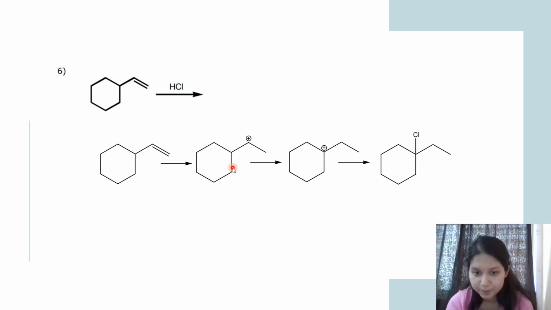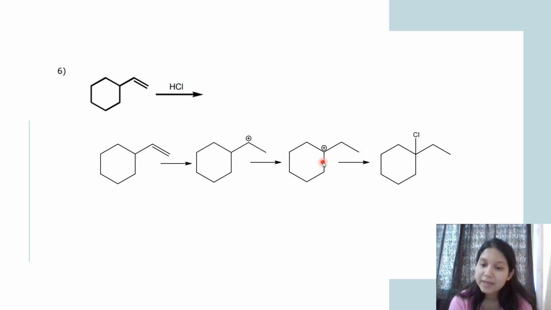So here also you shift a proton from this position to this one. Since you are donating your electron pair in the form of hydride, this position gets neutralized, but this carbon, having donated its electron pair, gets a positive charge this time. So you end up with a tertiary carbocation.